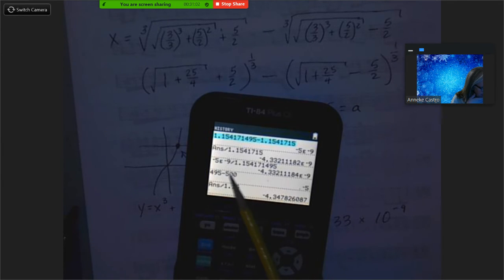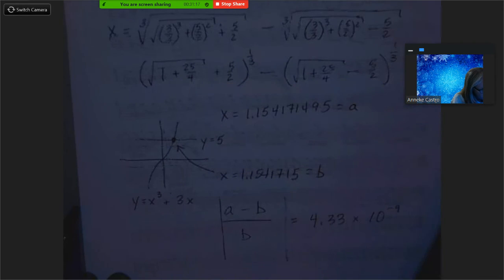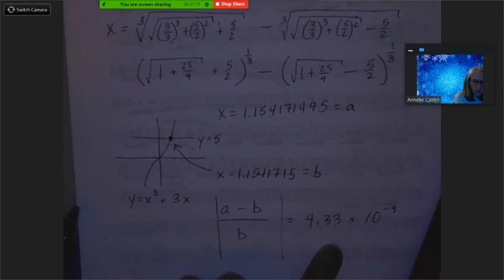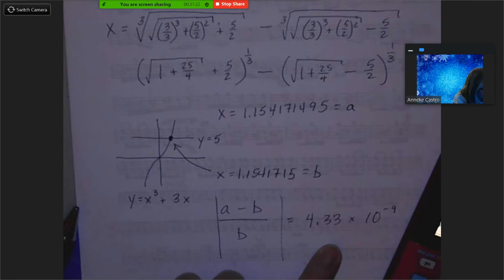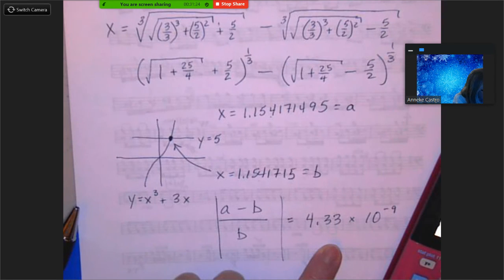And then I tried it again, dividing by the number that I got from the formula, and notice I basically get the same answer, which is not what matches the back of the book. So I don't know what's going on with the back of the book. Okay, this is what I got. So no worries there. To change this to a percent, I'm going to do that 4.33, times 10 to the -9.